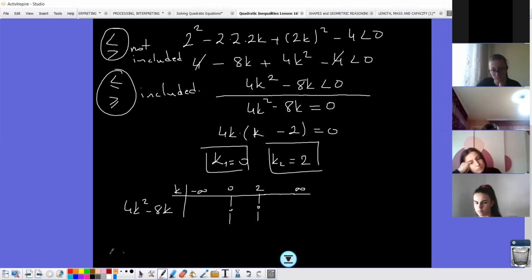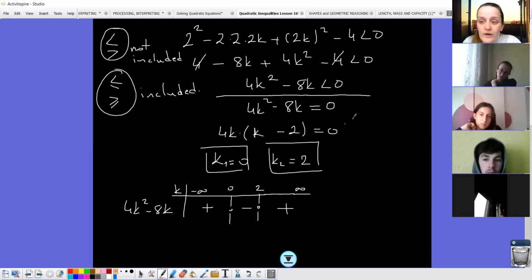Now how will I start to write the sign? We start with the sign of the k squared: plus, minus, plus. And which part is our solution? We need to take some of the parts, pluses or minus, as solution.